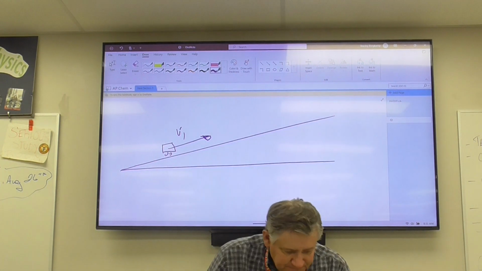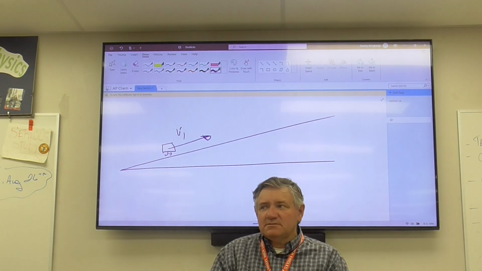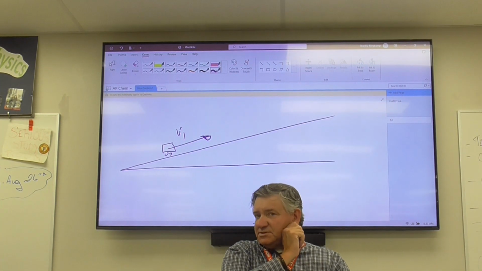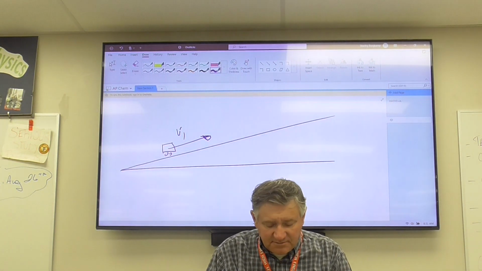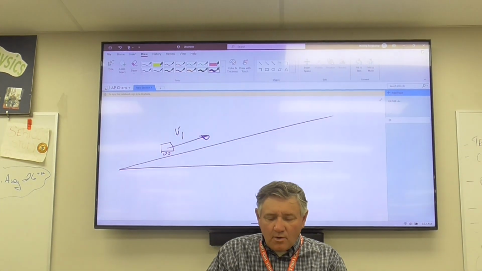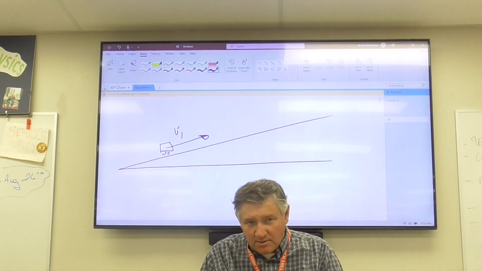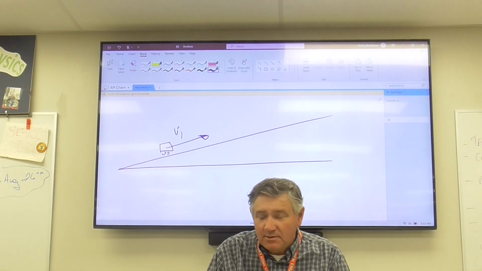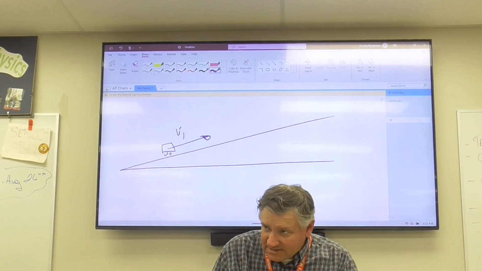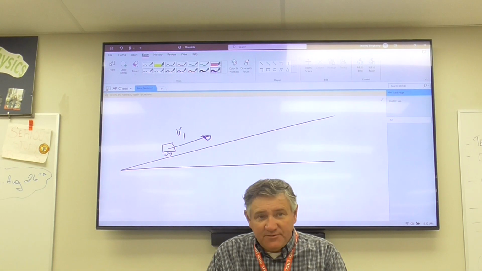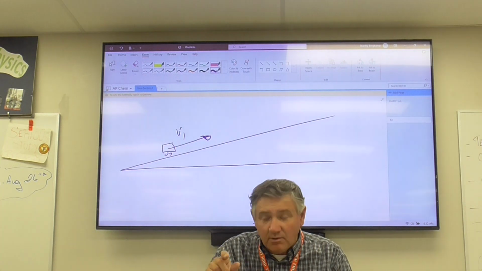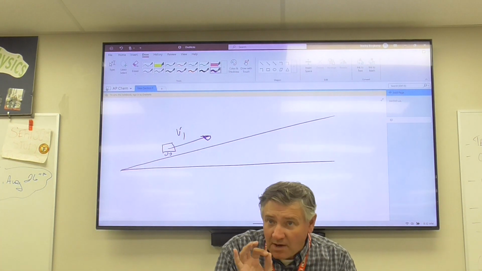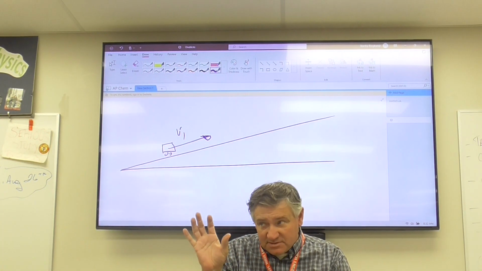Now, here's the story. The whole point of this lab is to force you to look at acceleration. So when you look at acceleration, your acceleration vectors are either going to be changing or they're going to be the exact same. If you want me to think those acceleration vectors are getting bigger or smaller, you clearly draw them where they're getting bigger or smaller.